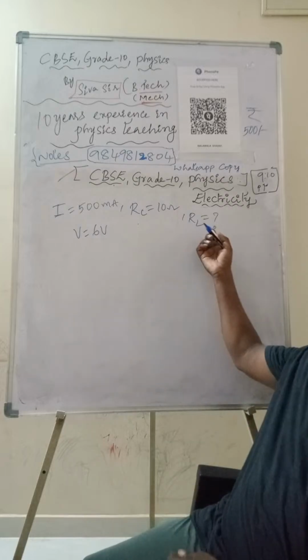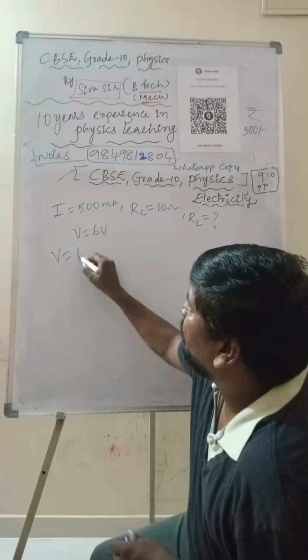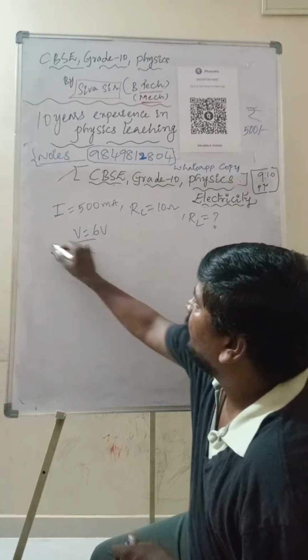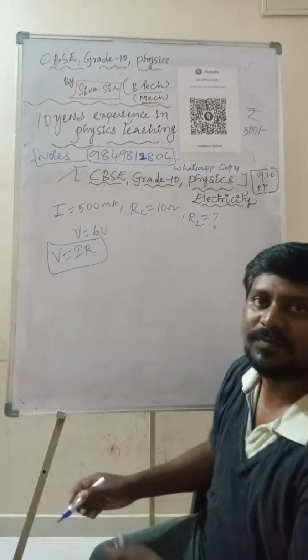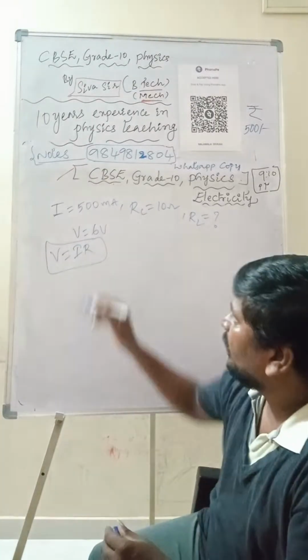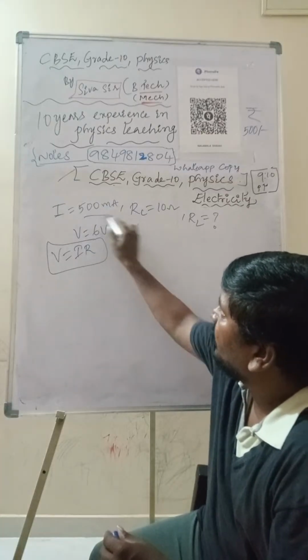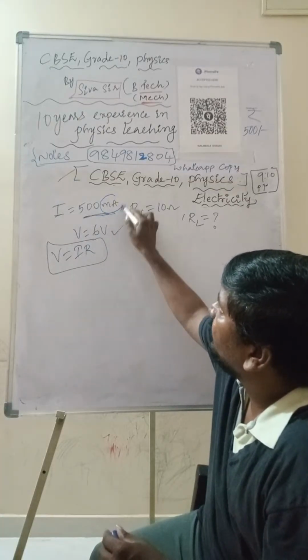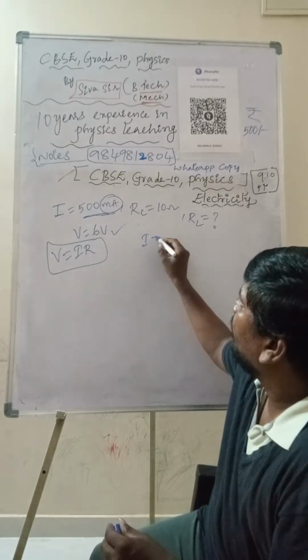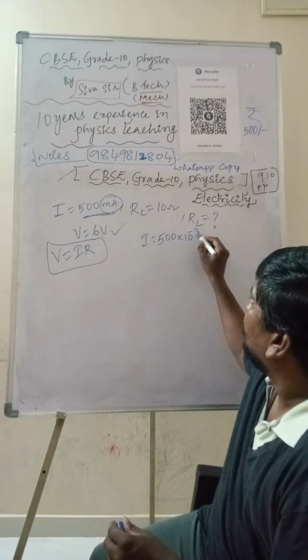I'll give the hint. We can use the V equal to IR formula. The potential difference is given, and the current is given in milliampere. So I equal to 500 into 10 power minus 3 ampere.